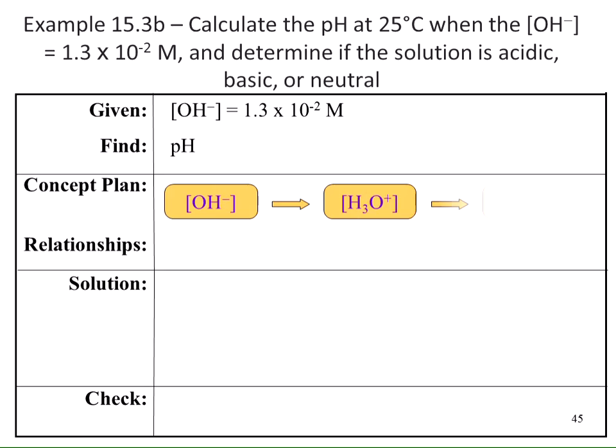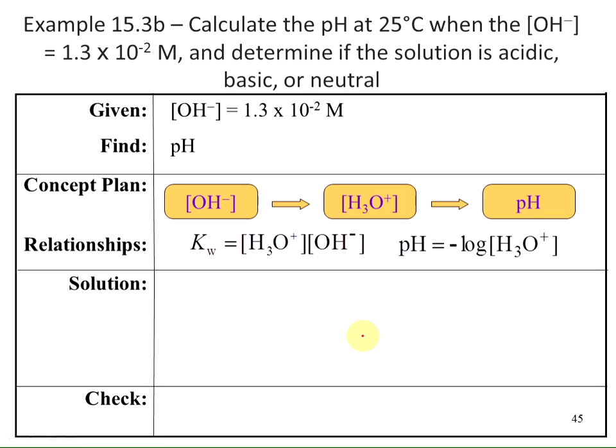Well, if I have the hydroxide concentration, I can convert that to the hydronium concentration using the Kw of water. And then once I have the hydronium concentration, I can use the pH calculation to determine the pH. So for the first part, I'm going to use the Kw to find the H plus concentration, and then I'm going to use pH equals negative log of H plus to find the pH.